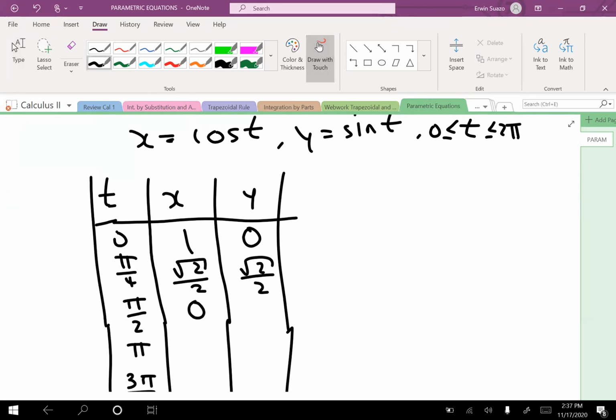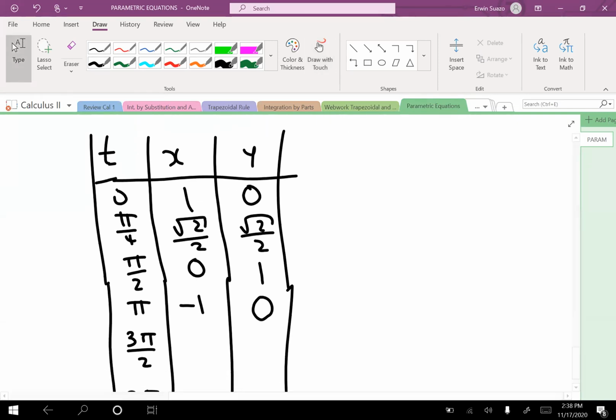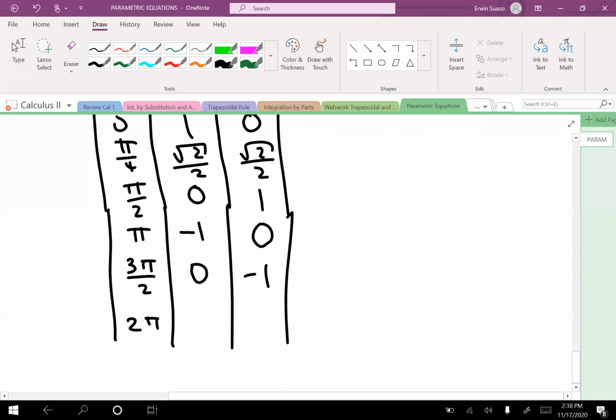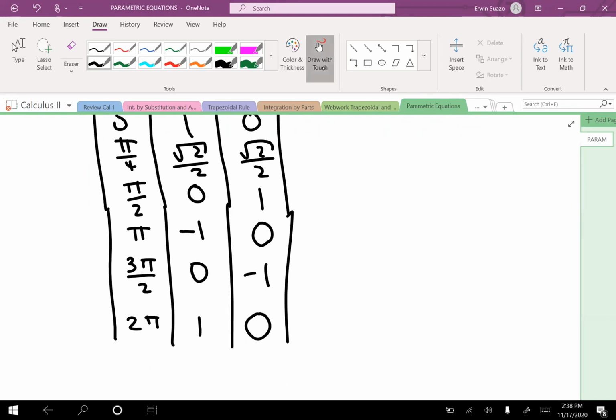Sine of pi halves? 1. Then cosine of pi is -1, and sine of pi? 0. And then 3 pi halves: cosine is 0 and sine is -1. And then cosine of 2 pi is 1 and sine of 2 pi is 0. Okay.